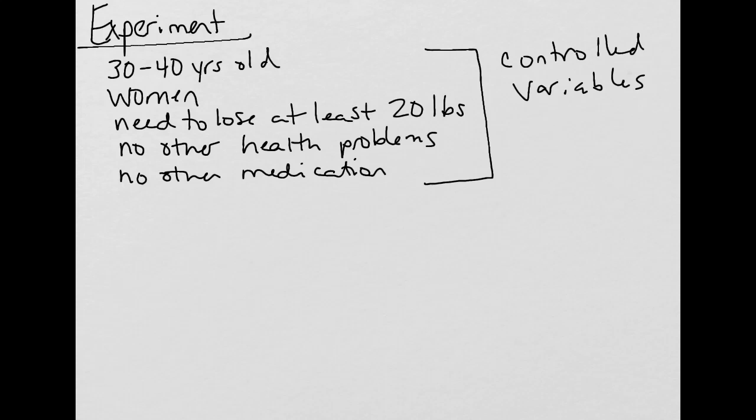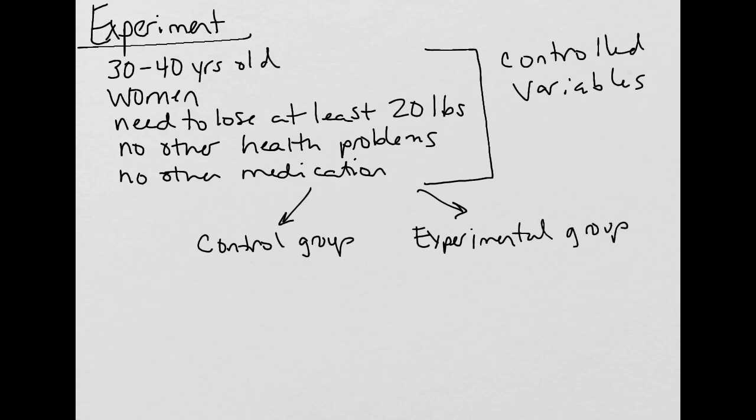So once we have these people, we have to split them into two groups. Okay, we're going to have what's called the control group, and we have the variable or experimental group. Okay, so in the control group, the control group is the group that gets no treatment.